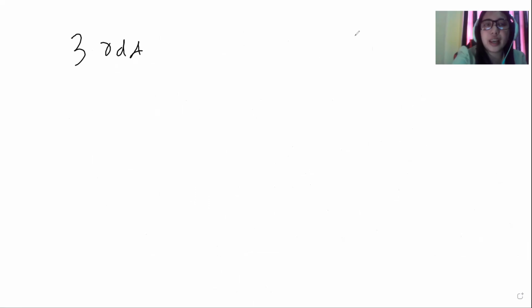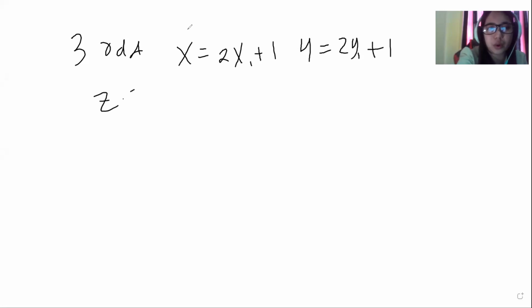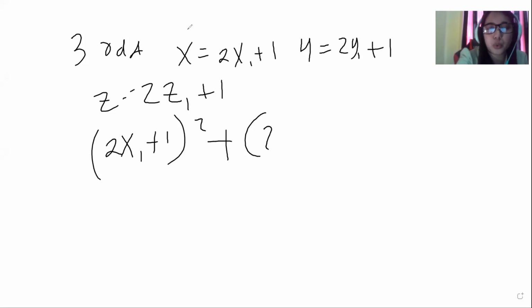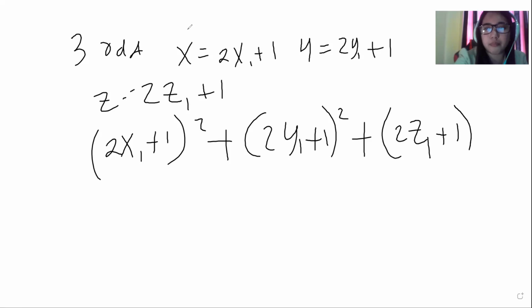So by substituting again, by letting x be equal to 2x sub 1 plus 1 and y be equal to 2y sub 1 plus 1 and z be equal to 2z sub 1 plus 1, and substituting this in our equation, we have (2x sub 1 plus 1) squared plus (2y sub 1 plus 1) squared plus (2z sub 1 plus 1) squared.